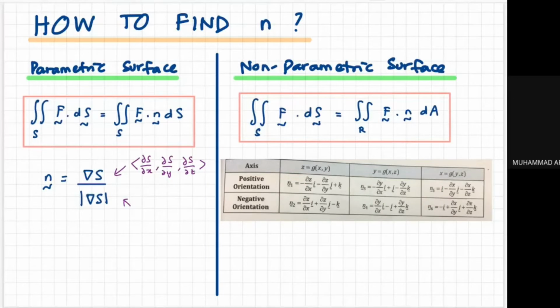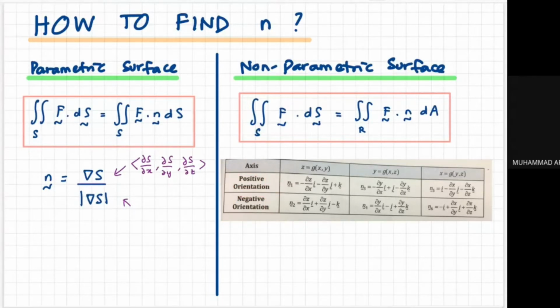Look at the equation given, whether it is in the form of z, in the form of y, or in the form of x, and also look at the orientation, whether it is positive or negative.